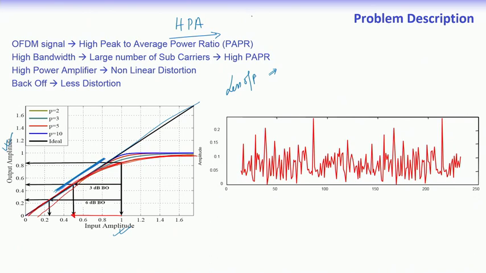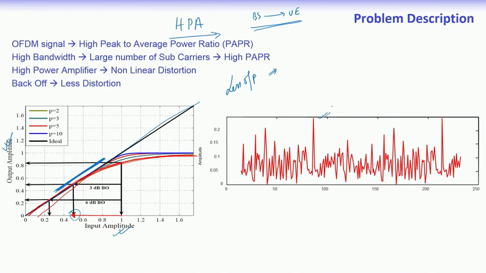But for the downlink direction, that means from the base station to the user equipment, the problem is not much, because the base station has power supply from the electric grid, whereas at the user equipment side it is the battery. So, this is a very critical factor. If one has to use a back off, there is a significant reduction of the range. So, one would like to use as much power as possible. In other words, one is interested in signals which have low PAPR.